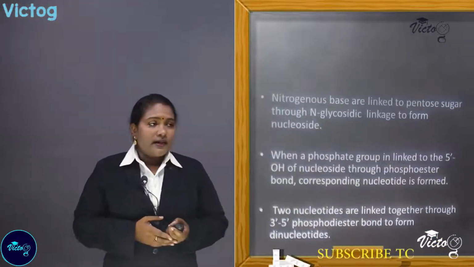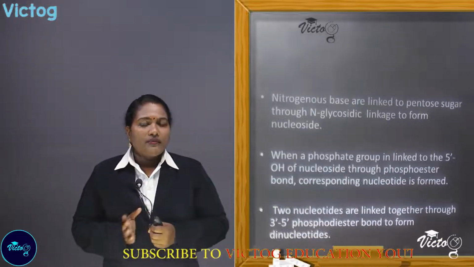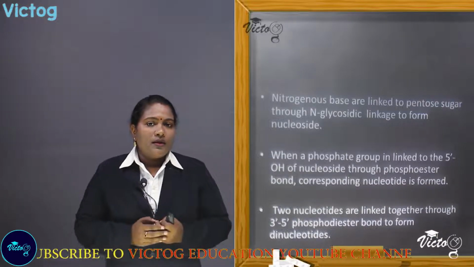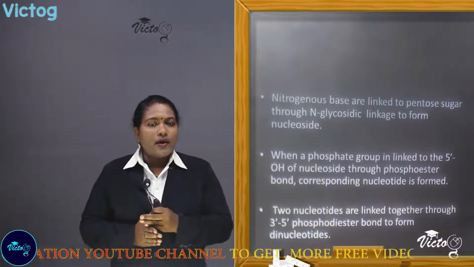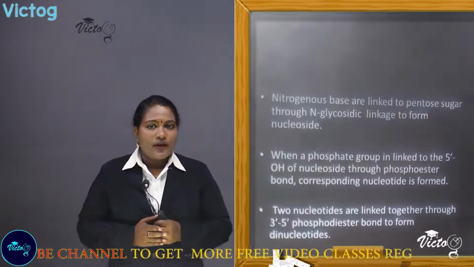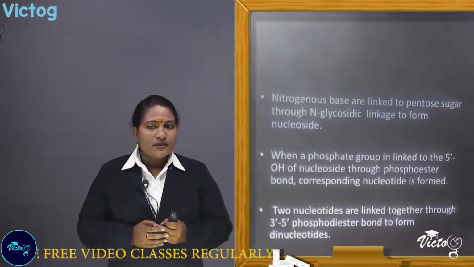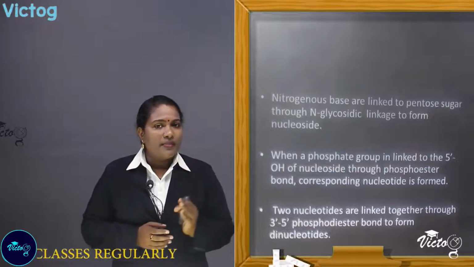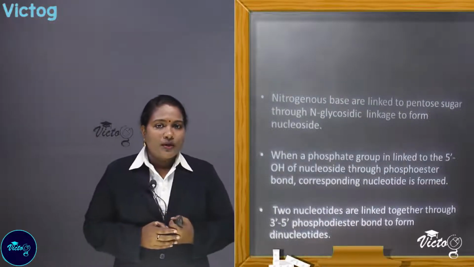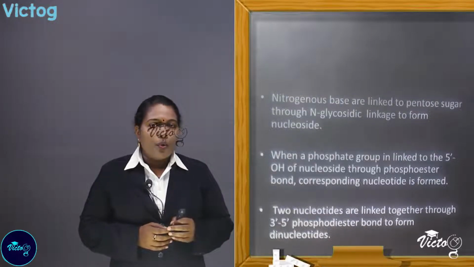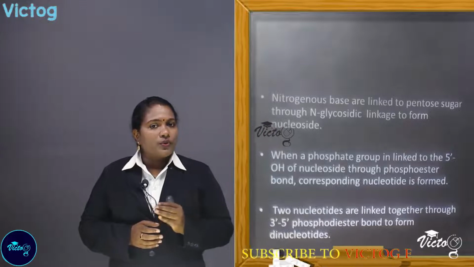Here we can see that the nitrogenous base combines with the pentose sugar through an N-glycosidic linkage, or N-glycosidic bond, and forms a nucleoside. DNA or RNA is made of nucleotides, that is, polynucleotides. The first step is a nitrogenous base combined with a pentose sugar through an N-glycosidic bond, forming a nucleoside.